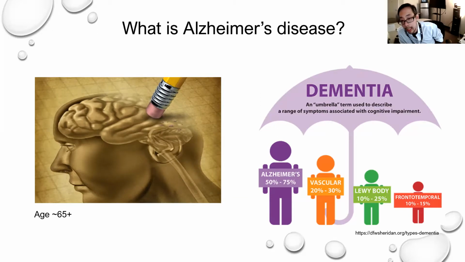Up to about 80% of dementias end up being diagnosed as Alzheimer's, whereas other dementia forms, for example, vascular dementia, dementia with Lewy bodies, and frontotemporal dementia, are all smaller proportions compared to Alzheimer's disease.